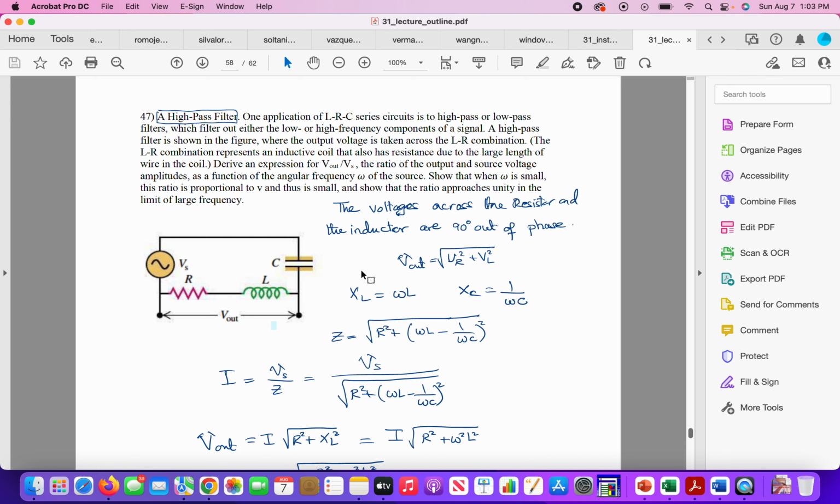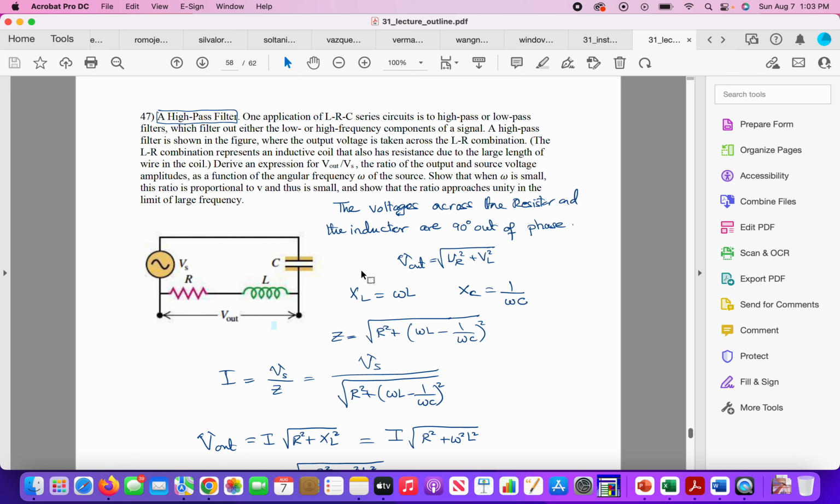Now the voltages across the resistor and the inductor are 90 degrees out of phase, and therefore we know that V out is going to be, using Pythagorean, the square root of VR squared plus VL squared.